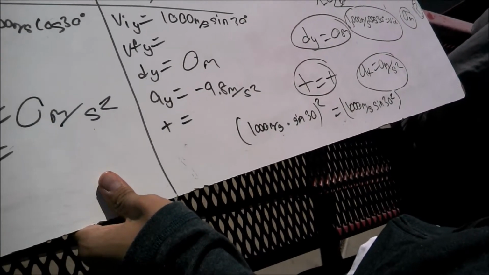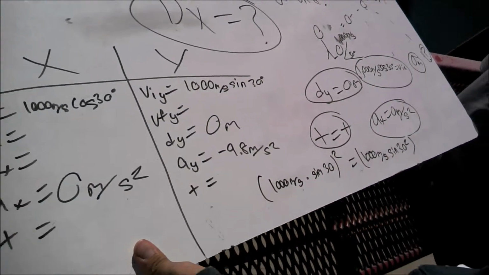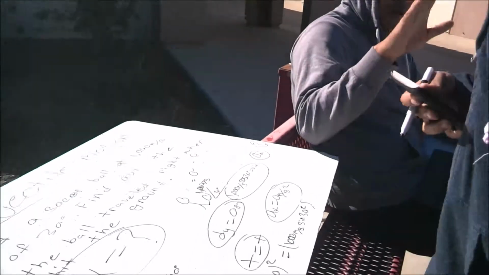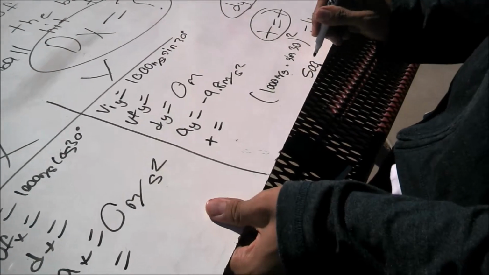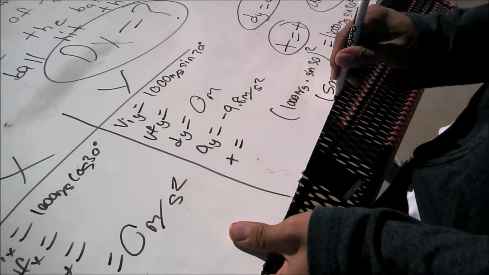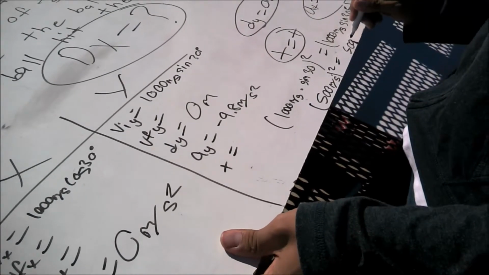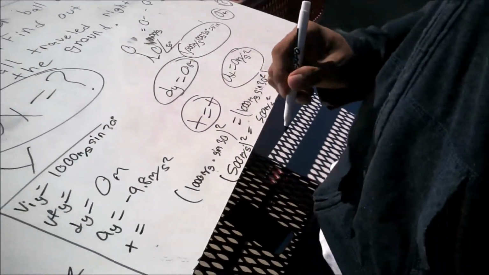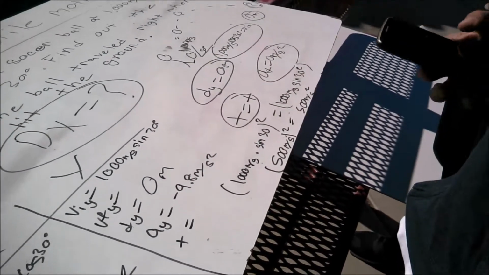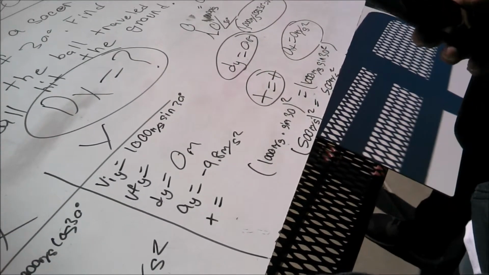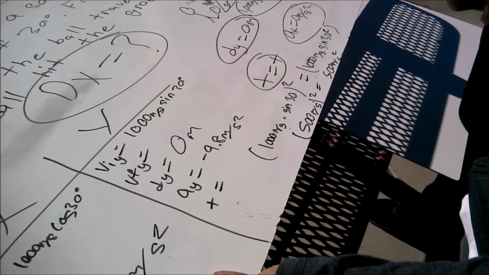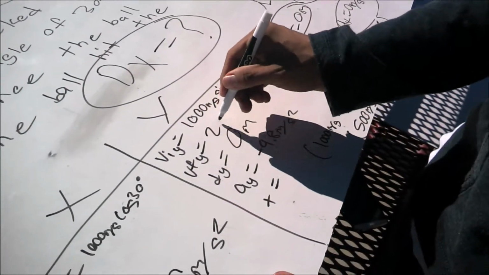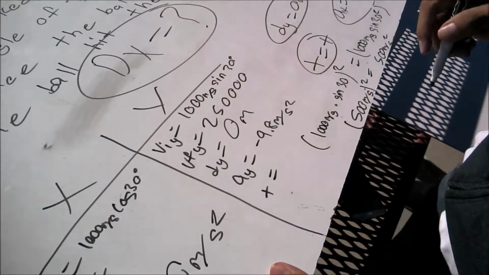and you can see all the units cancel out, and we are given with a time of, let's see, the time is equal to, alright, so the time is equal to a really big number, which is 51,000 seconds.